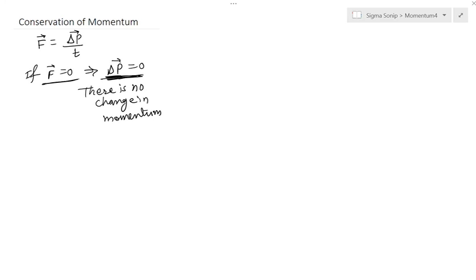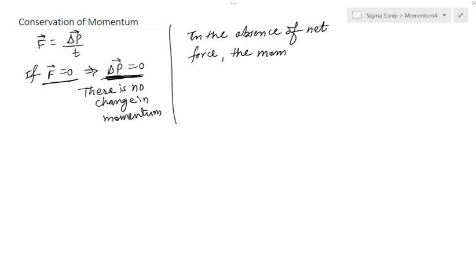I can write that in plain English: in the absence of net force, the momentum of an isolated system is conserved.